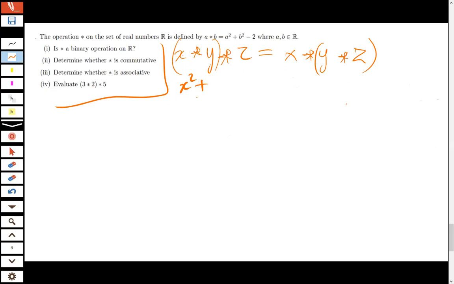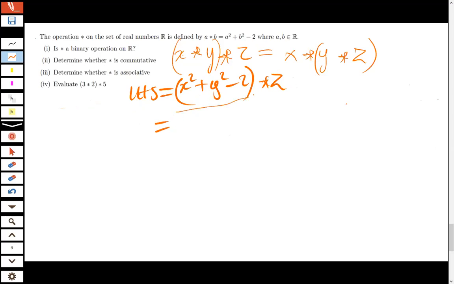So we're going to have x squared plus y squared minus 2, and then star z. So what I'm solving is simply just the left-hand side. So the left-hand side is equal to this one. From there, we can finish it up and say, this one has become our a, and then our b is z. So while there's a in this expression, we put this, while there's b, we put z. So we're going to have something like this.